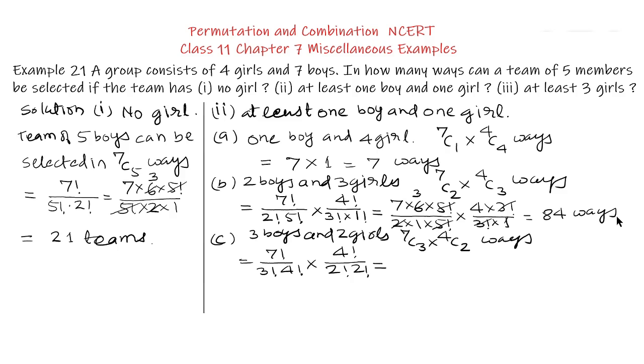This is equal to 7 multiplied by 6 multiplied by 5 multiplied by 4 factorial, upon 3 factorial, which can be written as 3 into 2 into 1, multiplied by 4 factorial, the numerator of the second part, which can be written as 4 into 3 into 2 factorial, upon 2 factorial into 2 into 1.